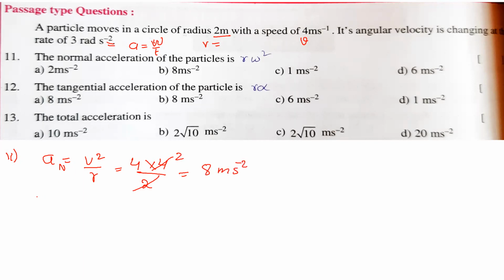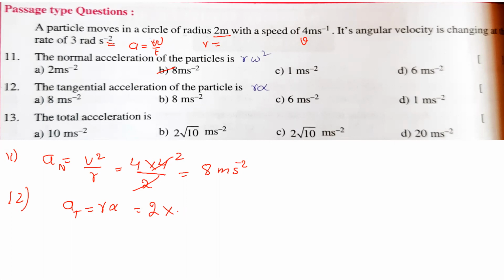Right children, so for the first question, the answer is B. Okay, 12th question, C. The tangential acceleration of a particle is given by r alpha. Children, how much is our radius? Radius is given as 2 meters, into angular acceleration.